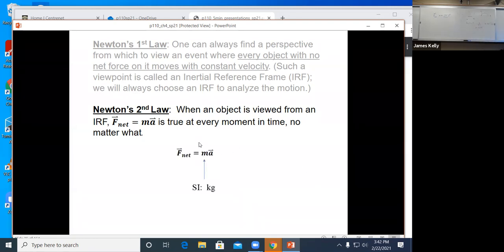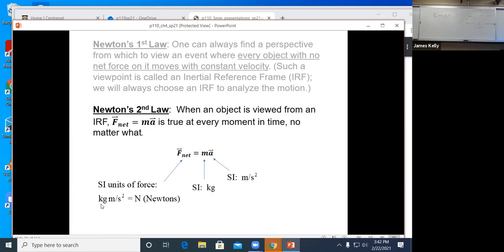Okay, looking at the units here, because we haven't talked about the SI units for force yet. We just introduced that masses have an SI unit of kilograms, and you already know that acceleration has an SI unit of meters per second squared. So forces must have an SI unit, by our discussion in chapter 1, of kilogram meters per second squared.